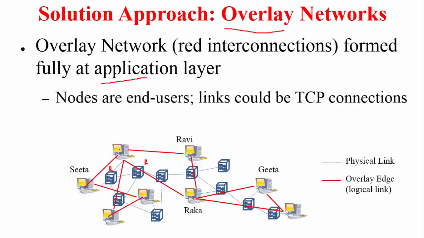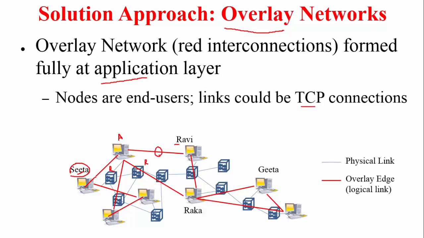So here the nodes in this overlay network are the end users like Sita, Ravi, Raka, and so on. And the links you are establishing between these users, shown in this red line, could be TCP connections. In other words, you are going to establish a TCP connection between Sita and say this other computer, let me call it A.